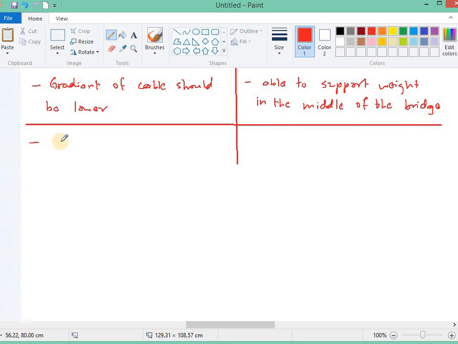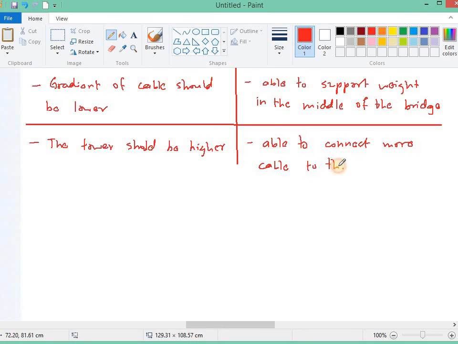Okay, you can say the pillar should be higher, able to connect more cables to the bridge.